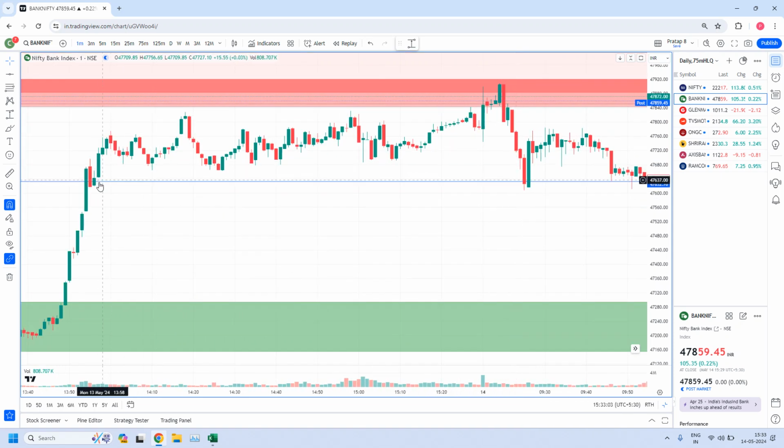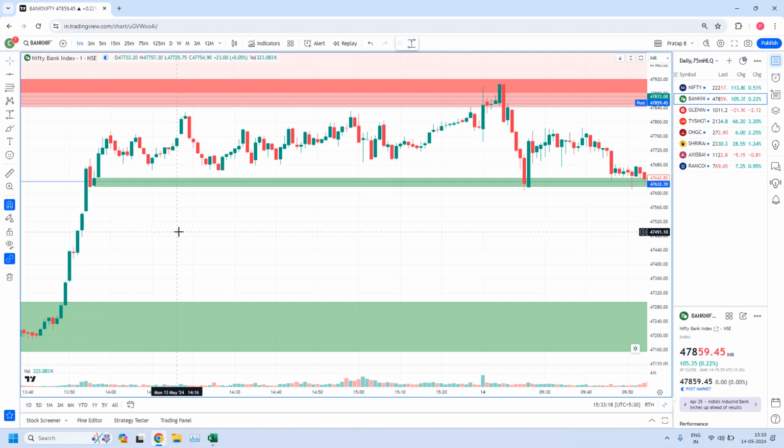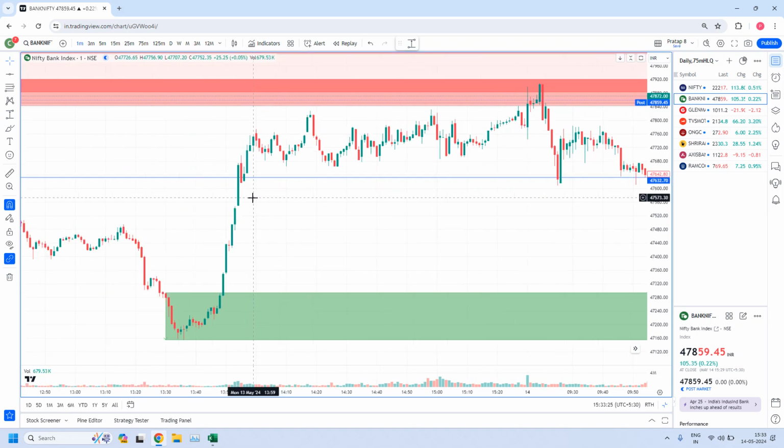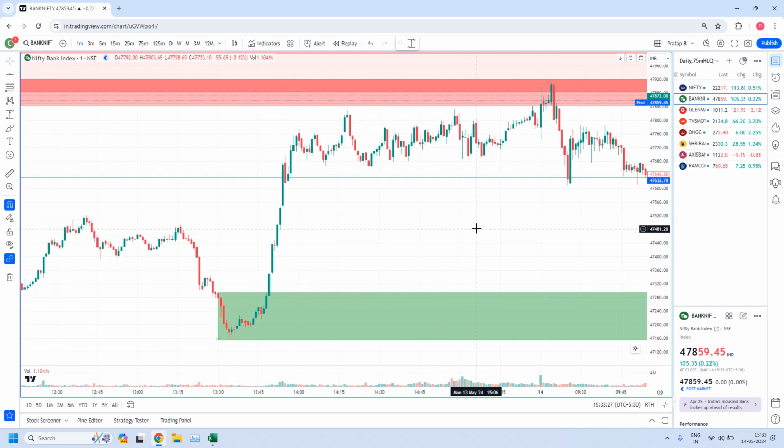See here, a zone is created: drop, base, rally. Generally, such zones will not easily let the prices go down because these are newly created zones. This is the 1 minute zone. So anyway, what I did is aim for 1:5 RR.